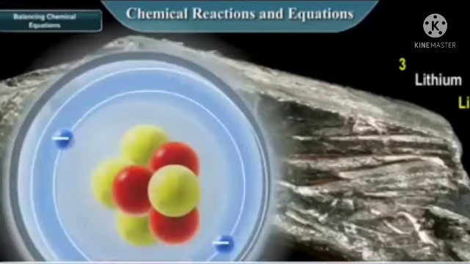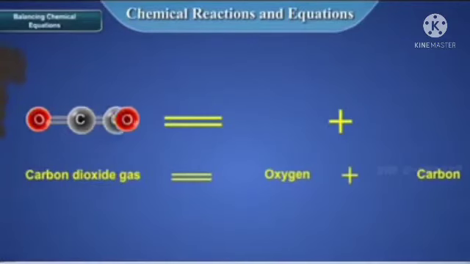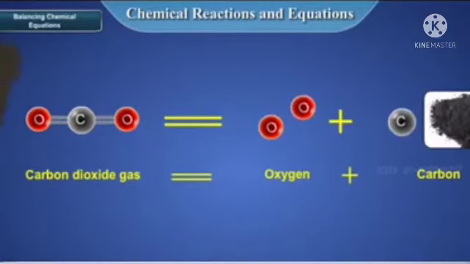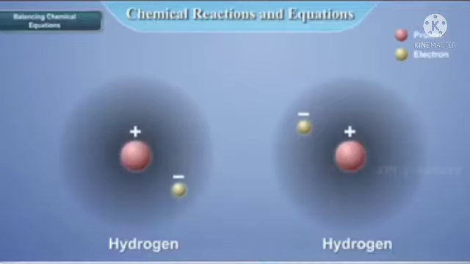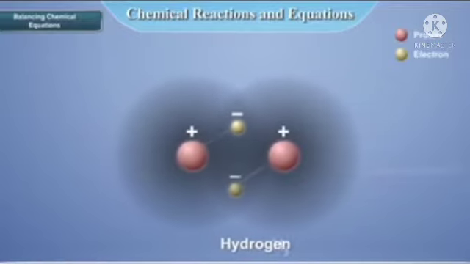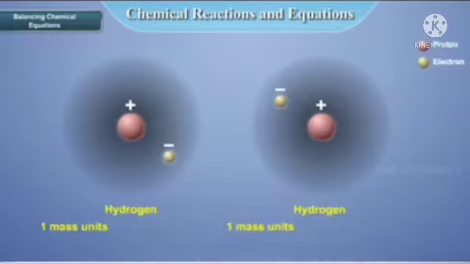All chemical equations must balance because atoms are neither created nor destroyed in a chemical reaction. A chemical equation in which the number of atoms of different elements on the reactant side is the same as on the product side is called a balanced reaction.